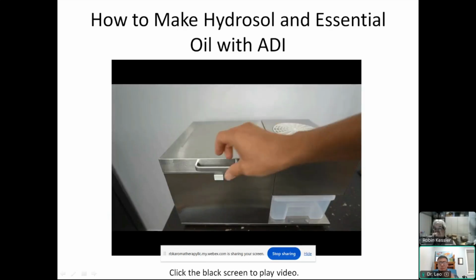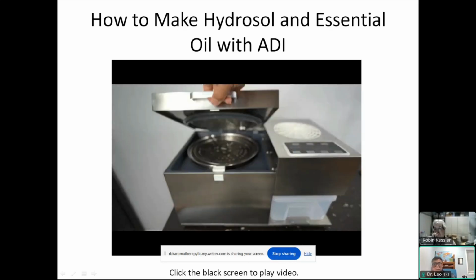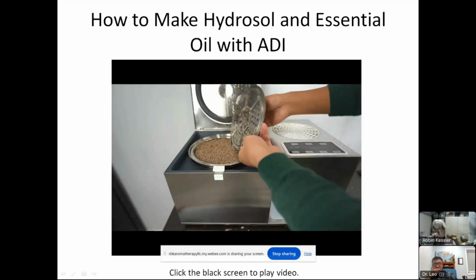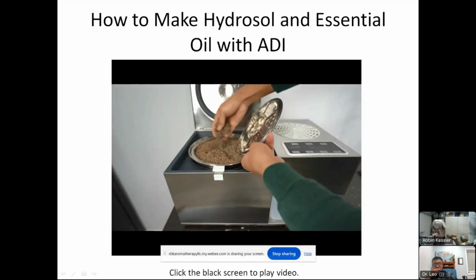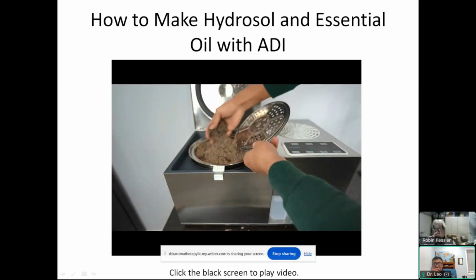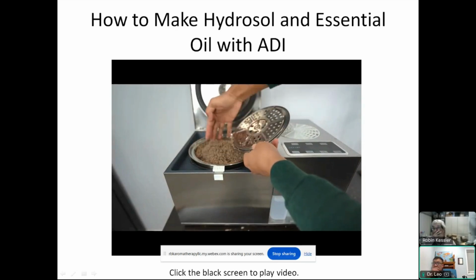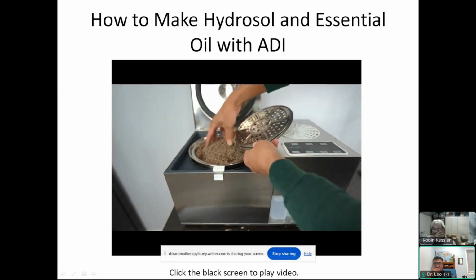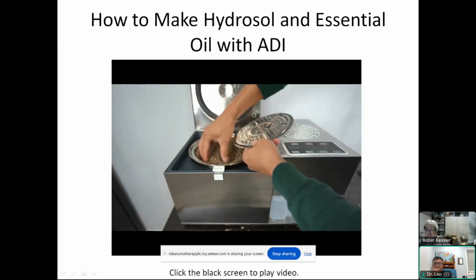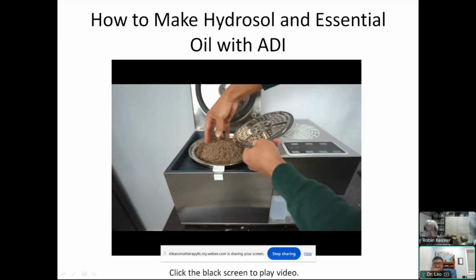So let me show you what it looked like after you distill the herb. It's very interesting. You will see the herb after the distillation. For this one, mostly the color changed, and of course the scent it lost a lot.